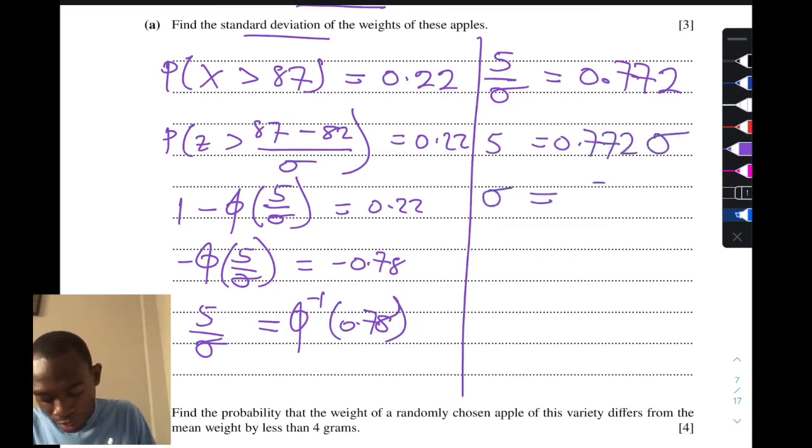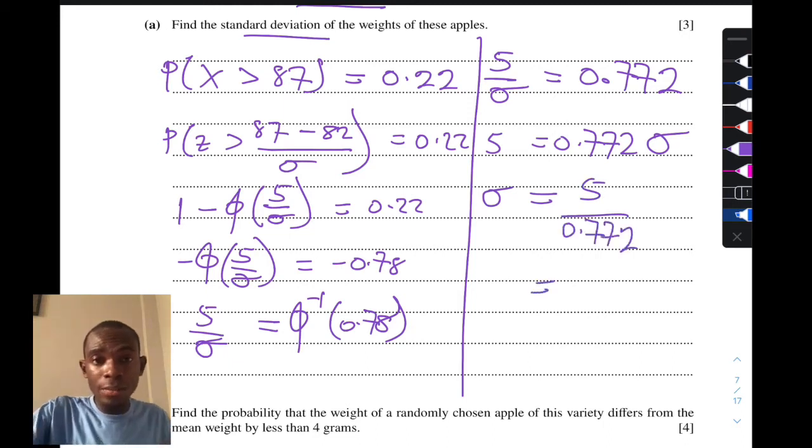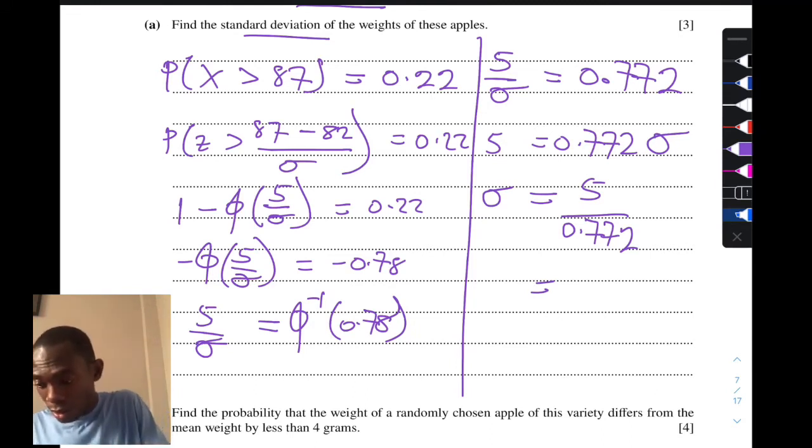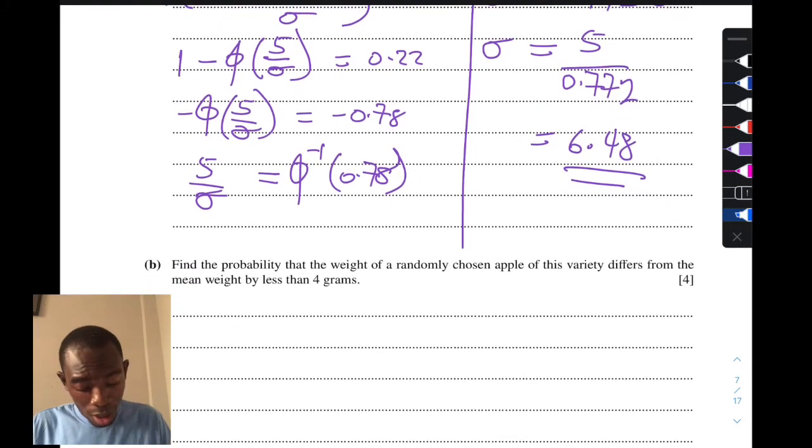And then sigma is equal to 5 over 0.772, and our answer is 6.48. Okay, 6.48 is great. So that's the standard deviation in question.